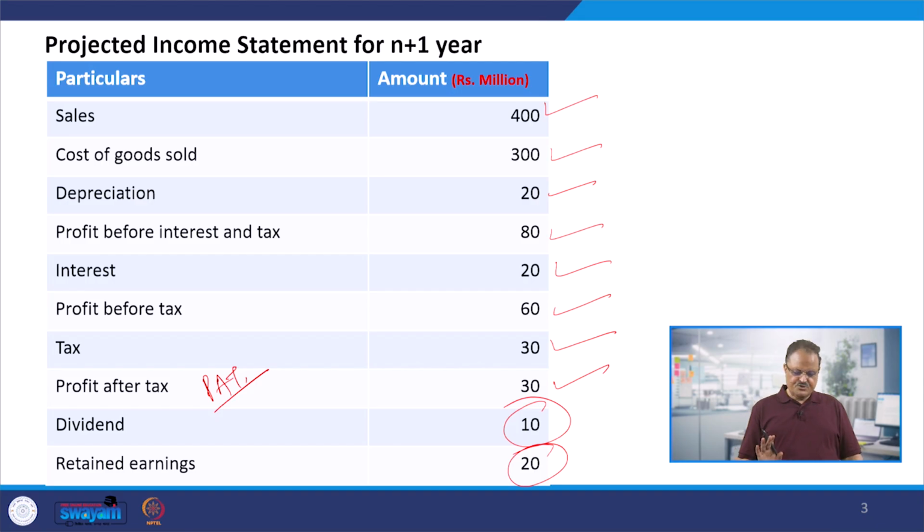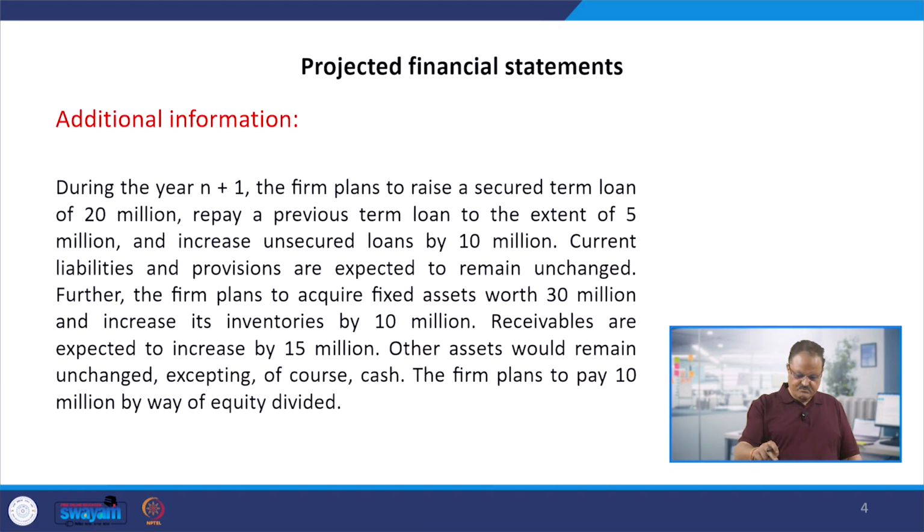So, we are given two statements, the balance sheet for the current year and the projected income statement for the immediate next year, n+1, and apart from that we are given some additional information for preparing the remaining projected financial statements, that is the cash flow statement and the projected balance sheet.